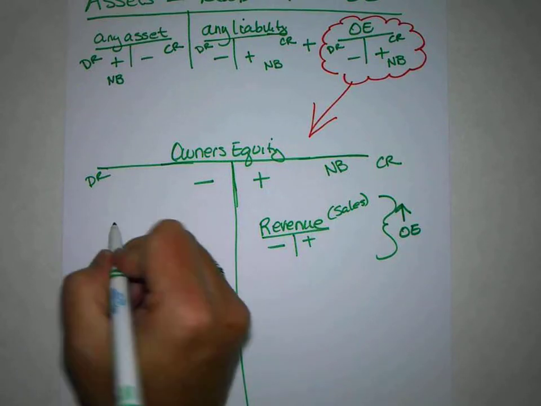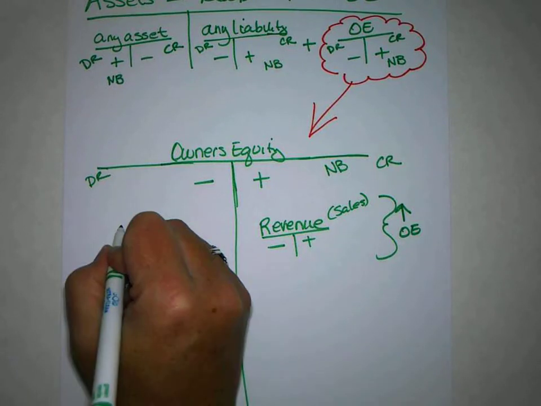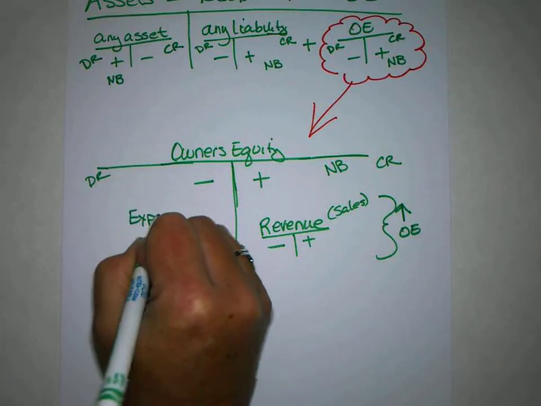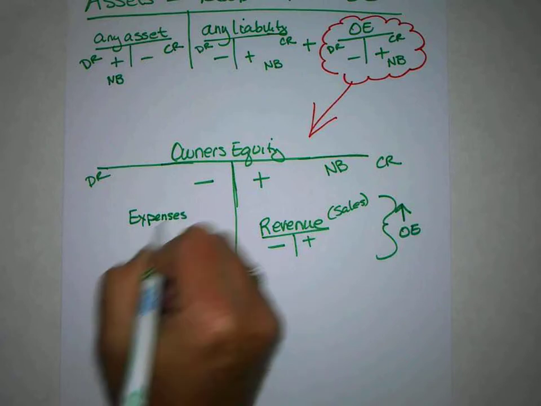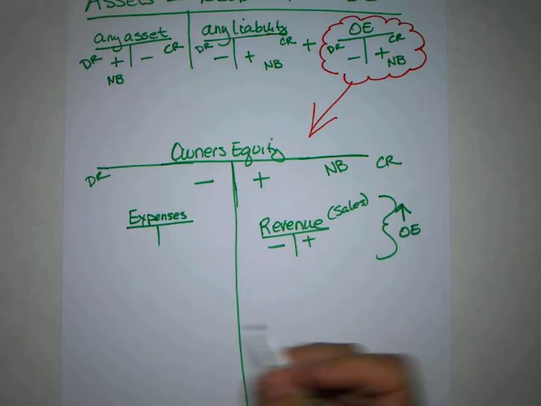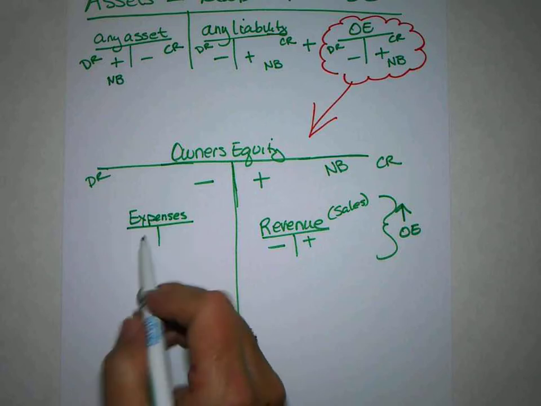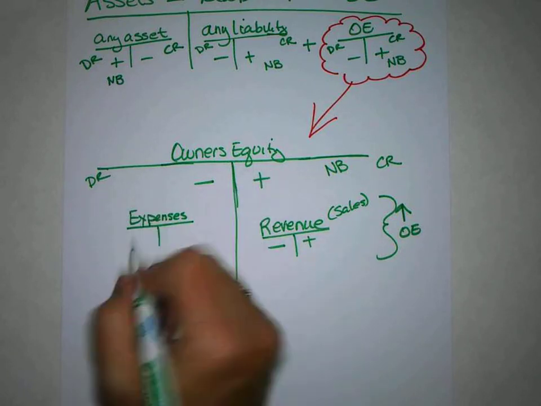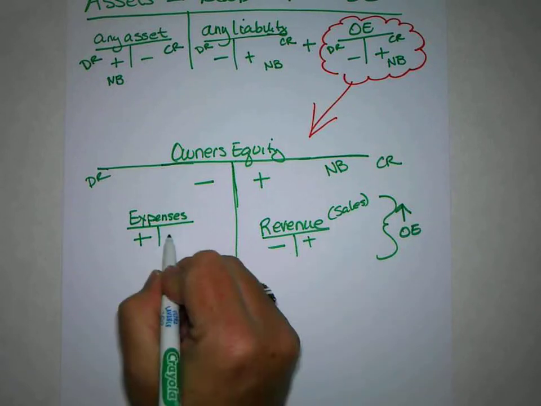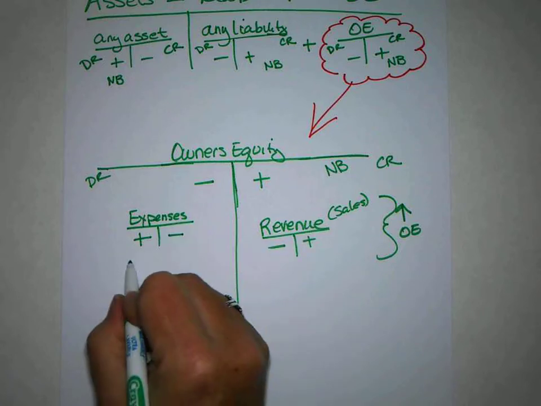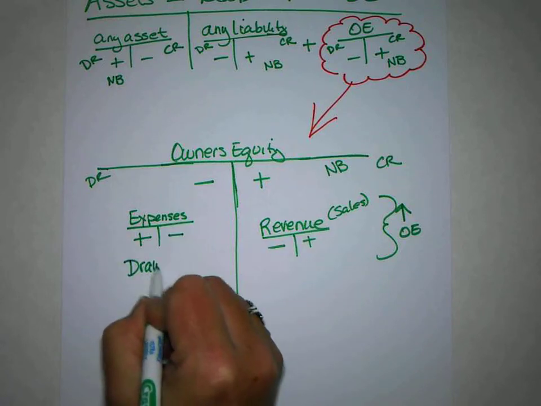Okay, over here, we're going to have expenses. And these are going to decrease owner's equity. So for it to decrease owner's equity, it's got to be opposite. So the plus is going to be over here, and the minus will be a credit. Okay, and then drawing is the same thing.